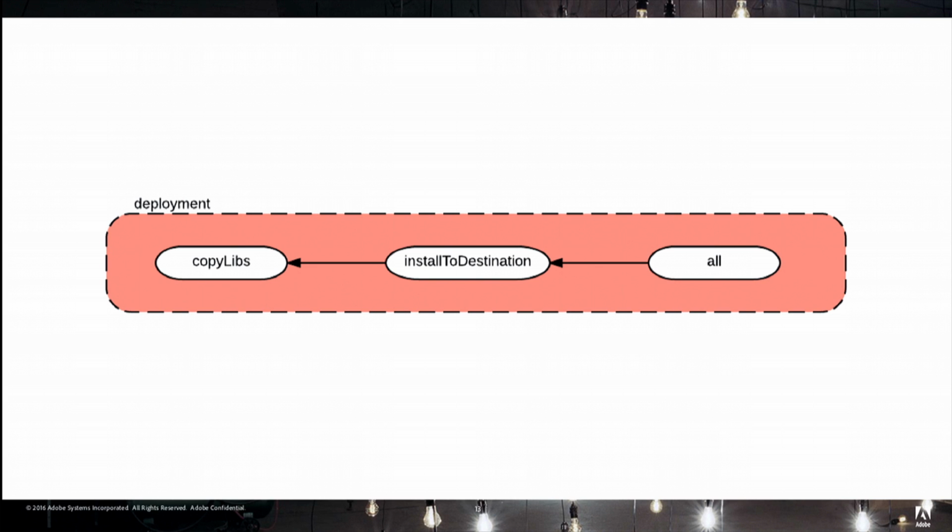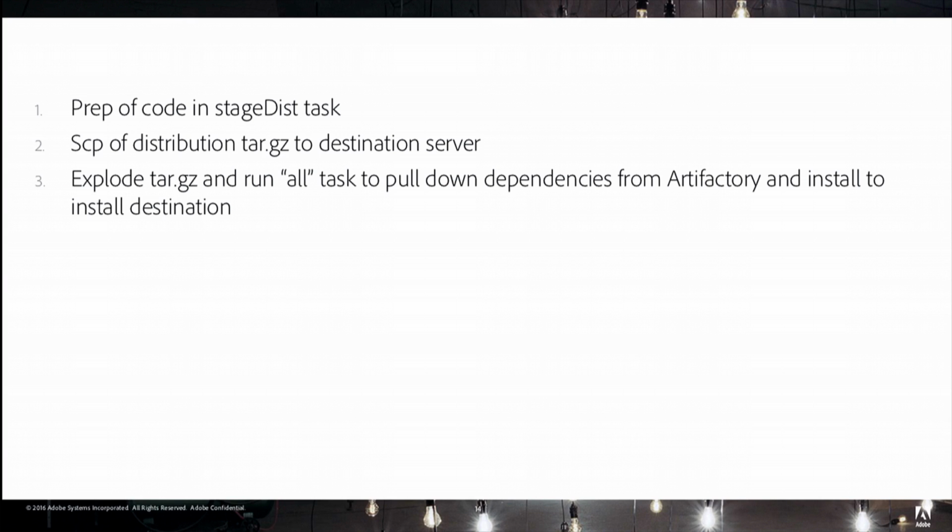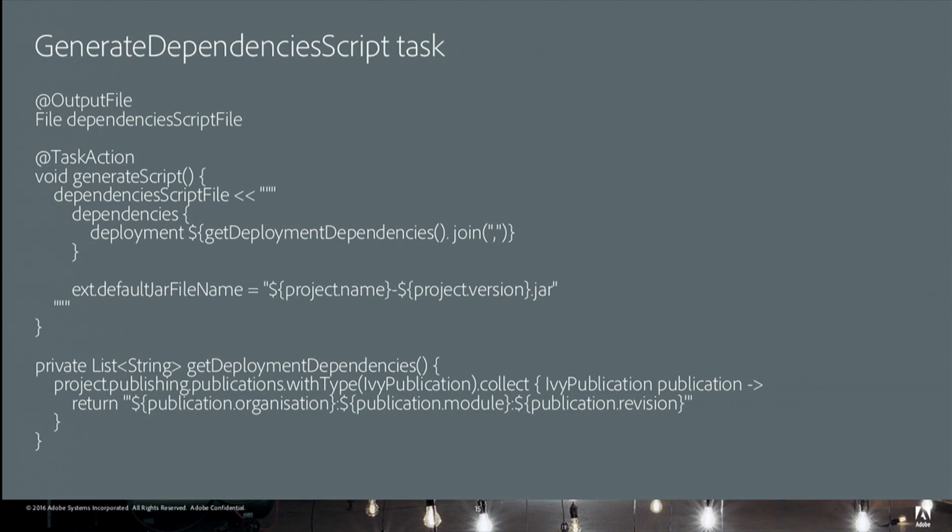It was actually the thing that was run when that smaller Gradle instance was launched, that deployed instance. So the steps there: prepping of code in StageDist, SCP of a distribution targz to the destination server, explode the targz, run the all task, pull the dependencies down from Artifactory and install to the install destination.